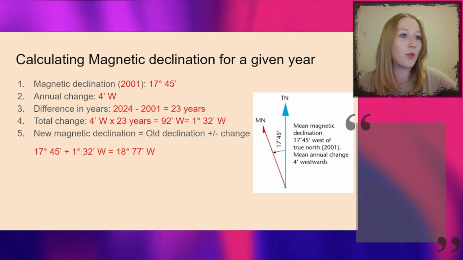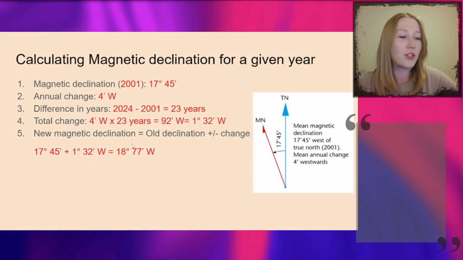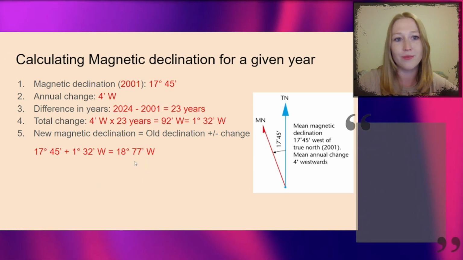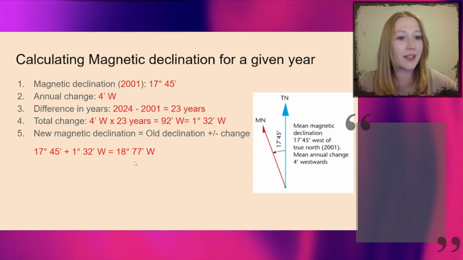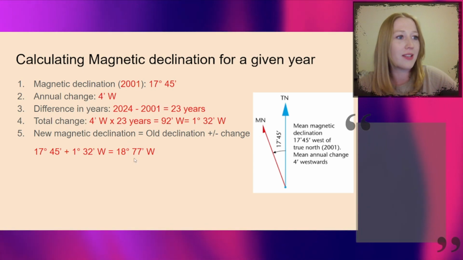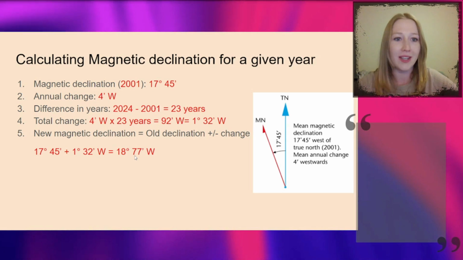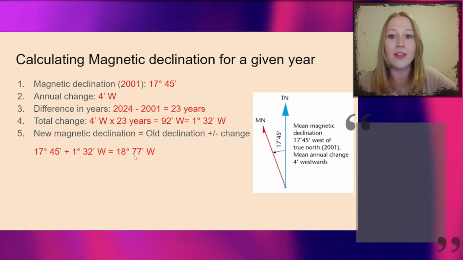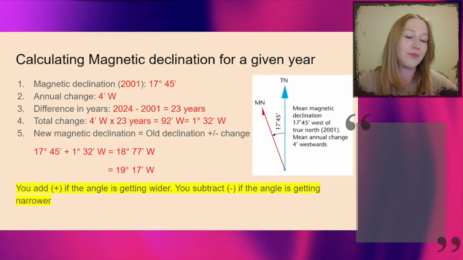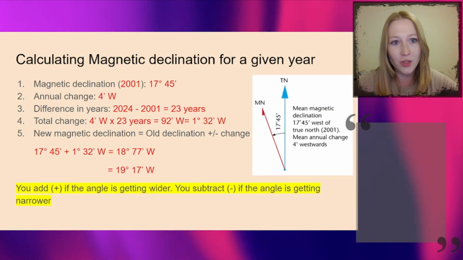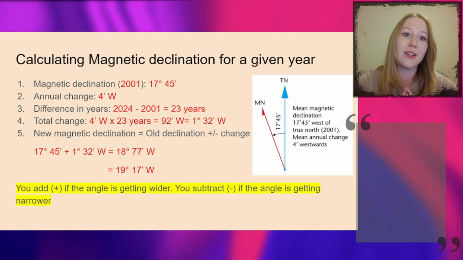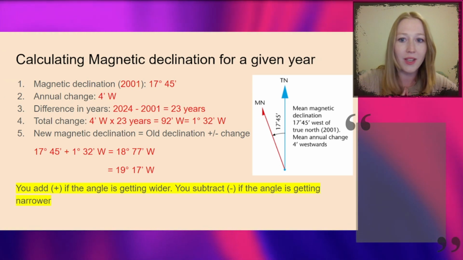And then I added the 45 and the 32, and I got 77. Now, hopefully, again, you will see this as a little red flag and say that's more than 60. Yes, it's more than 60, so it's another whole degree. 19 degrees and 17 minutes.